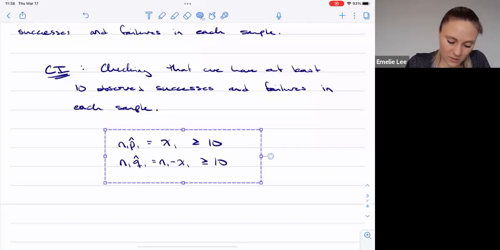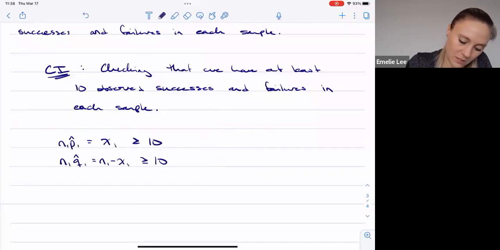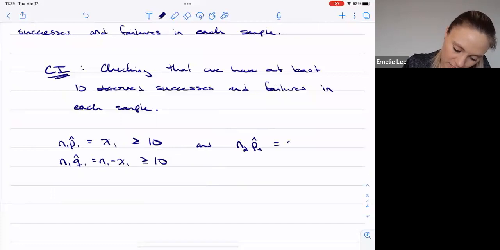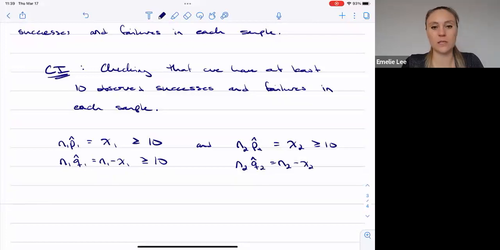So now I'm just giving you some options, and I'm going to do the second sample over here. n2 p2 hat, which is x2, has to be greater than or equal to 10, and n2 q2 hat, which is n2 minus x2. If you're not a success, then it's a failure.